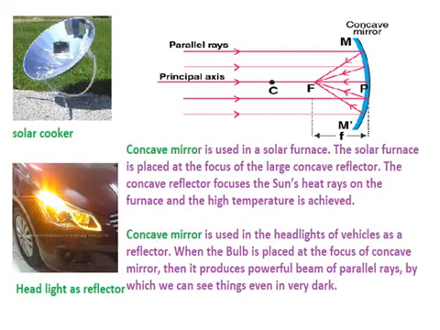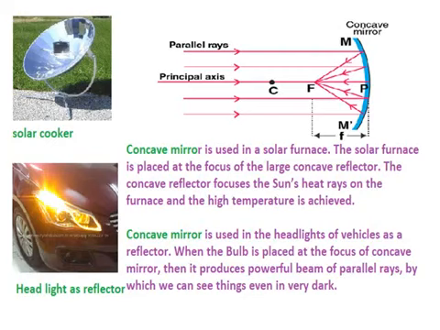So let us read the slide. Concave mirror is used in a solar furnace or solar cooker, whatever it is. The solar furnace is kept at the focus of the large concave reflectors. The concave reflector focuses the sunlight heat on the furnace and the high temperature is achieved at F. Then concave mirror is used in the headlight of vehicles as reflectors.